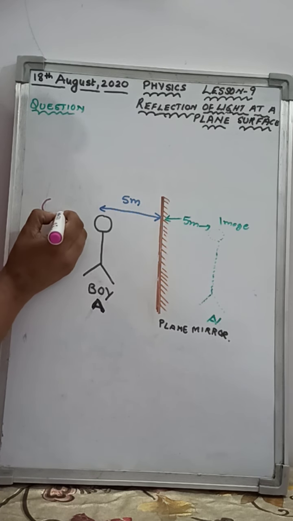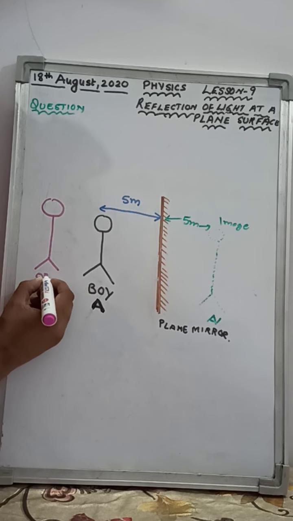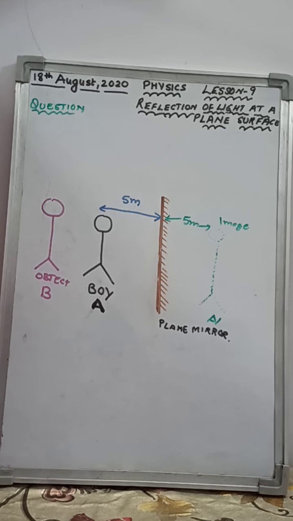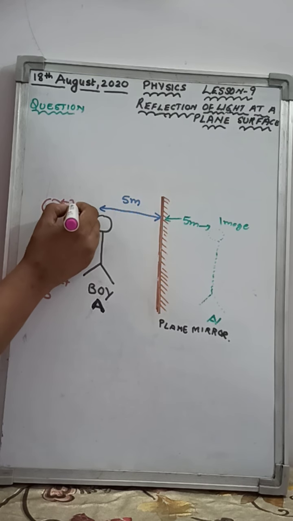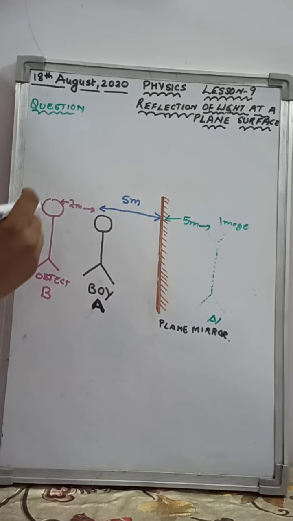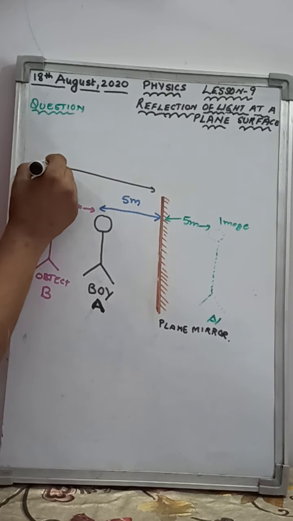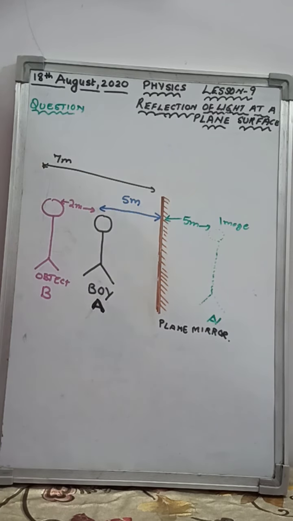So now the boy is at a new position. This is the boy or an object at new position B. And this distance is 2 meter. Clear? Or you can say this is 7 meter from the plane mirror. 5 plus 2 is 7 now.